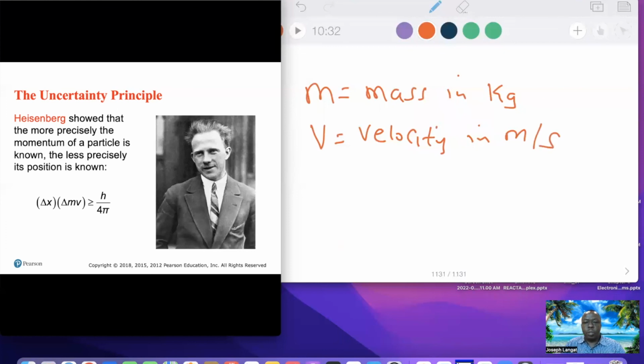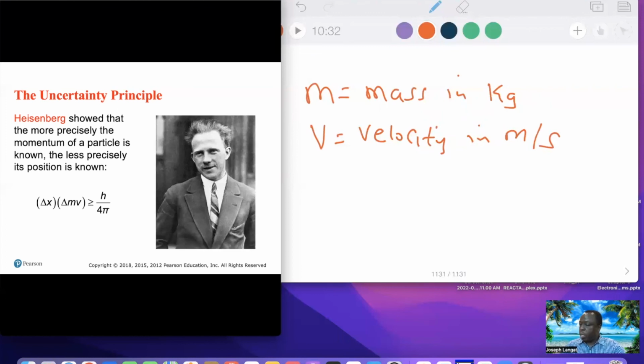So there are two things you can be asked in the Heisenberg uncertainty principle: uncertainty in position, uncertainty in momentum, or uncertainty in velocity or speed.